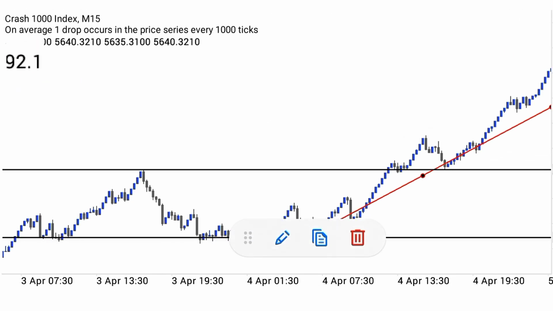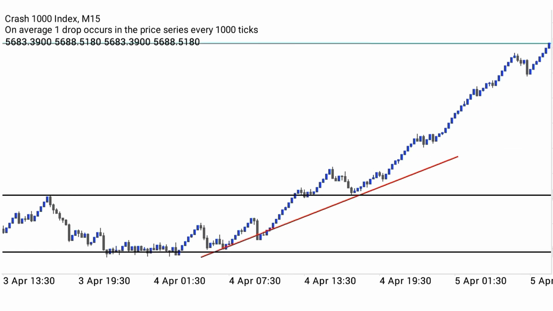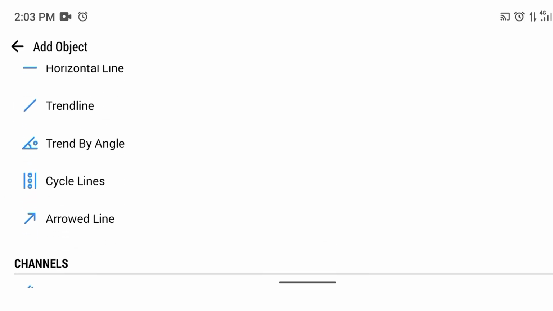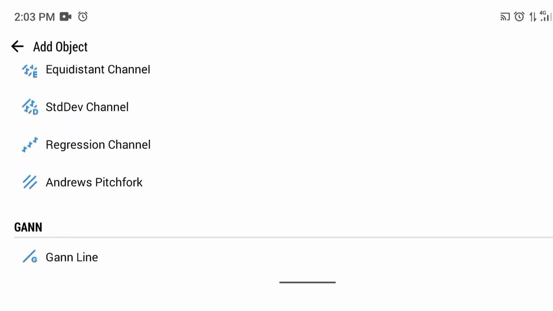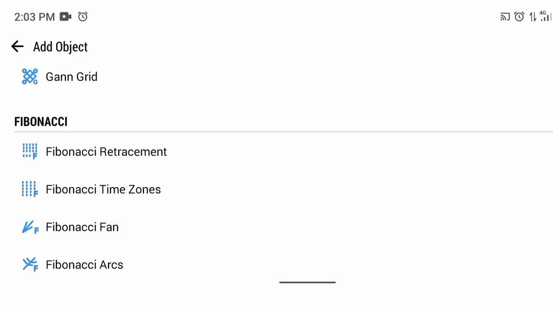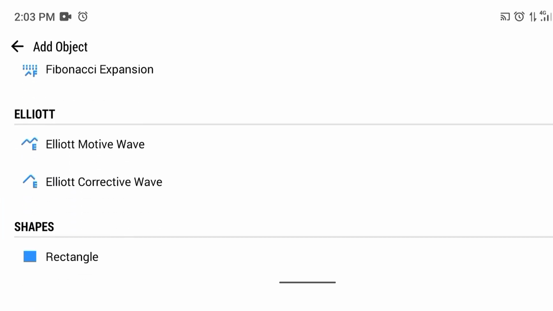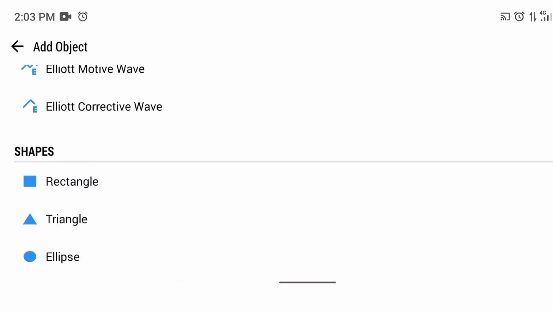You see, there are a lot of tools that you can use to trade the market. Every single object that you can see here are price action tools. We use all these tools to trade price action.